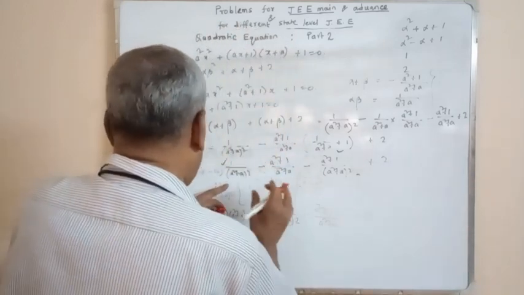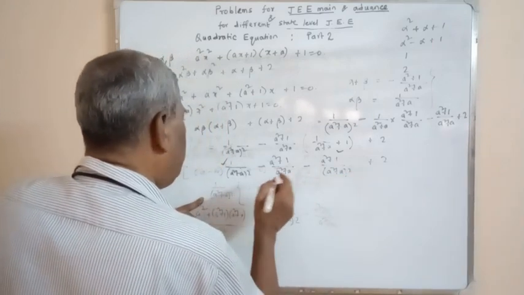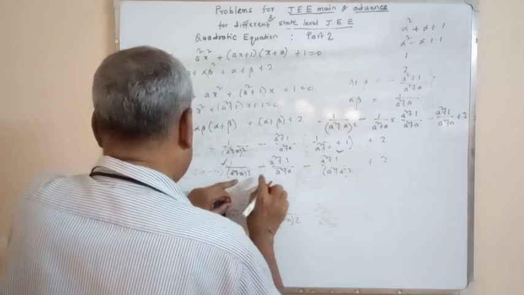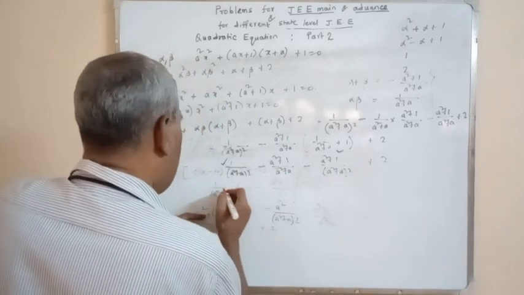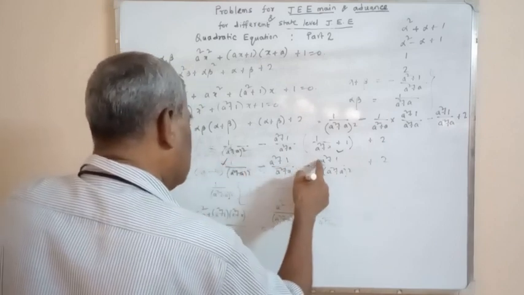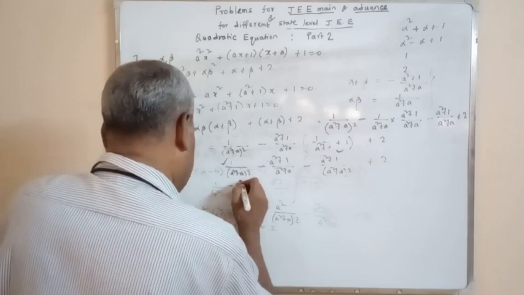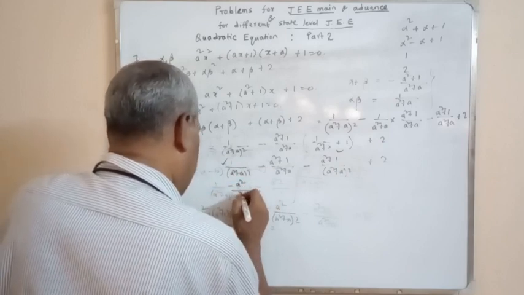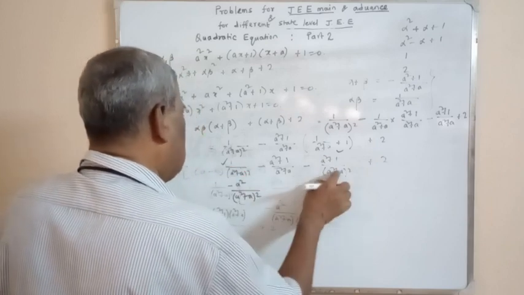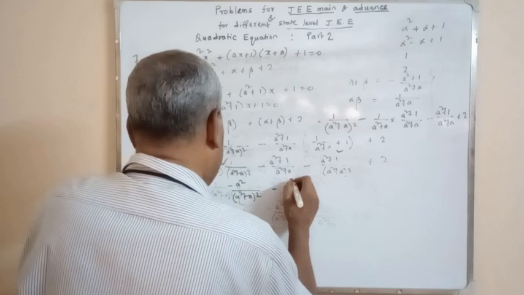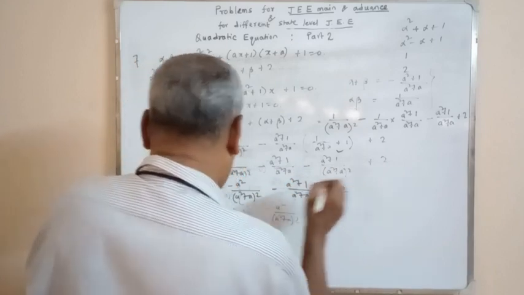So let's now try for another time. Taking these two together, 1 minus a square minus 1, so minus a square by (a square plus a) whole square. This and that together, minus (a square plus 1) by (a square plus a), plus 2.